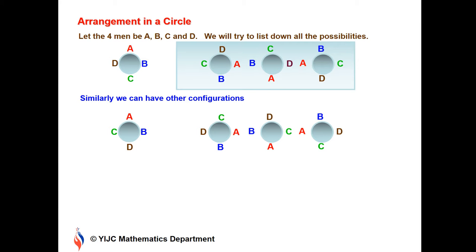Seated on the left of A facing the table is B, opposite of A is D. How about this one? Seated on the left of A facing the table is B, opposite of A is C. Likewise for this and this. So this form is considered 1.